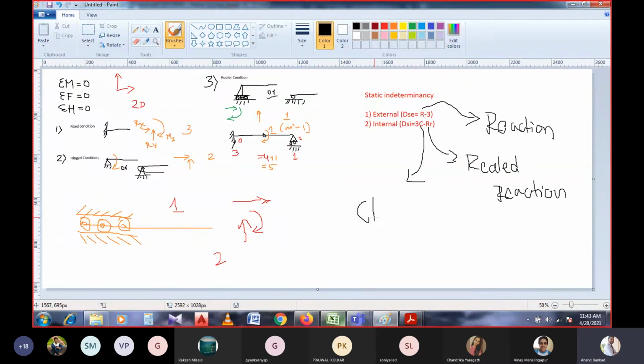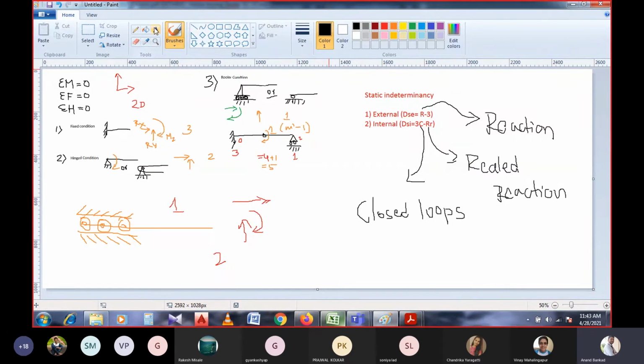I will show you with an example of the number of closed loops. So 3C minus released reactions will give the degree of statical indeterminacy internally, and R minus 3 will give it externally.